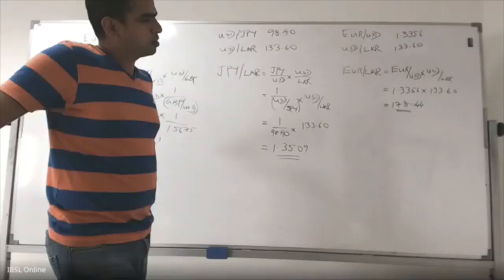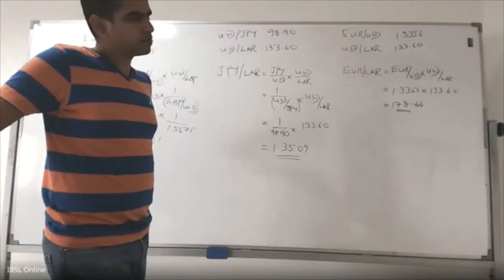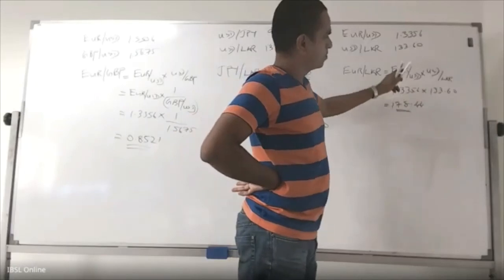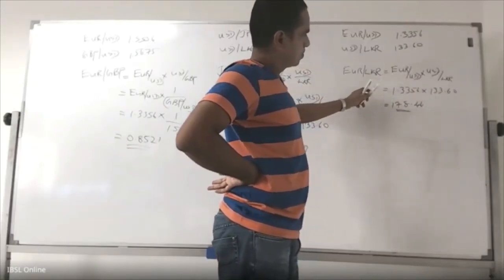In the third example, we multiply those. Now according to that, euro divided by USD multiplied by USD LKR, it should be divided as it seems.